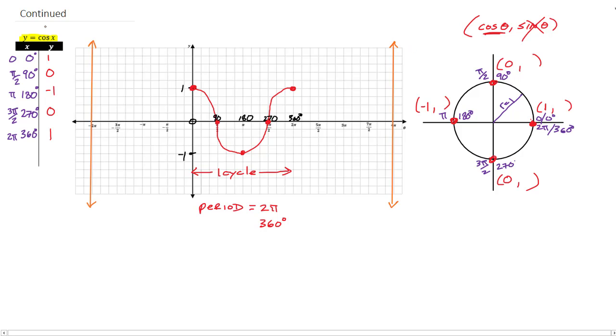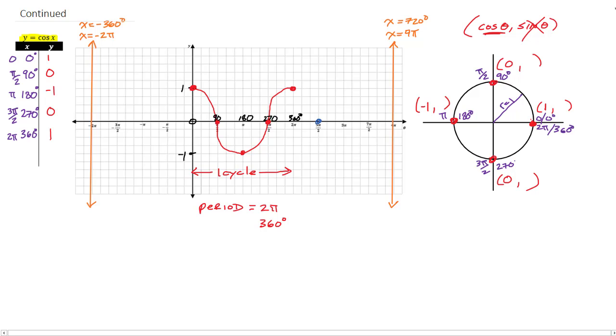We want to extend it a lot. So here's x equals negative 2 pi, and here's x equals 4 pi. So remember, in degrees, this would be x equals negative 360 degrees, and this would be x equals 720 degrees. Okay? All right, so let's extend it. Let's just keep the pattern going, right? 1, 0, negative 1, 0, 1.